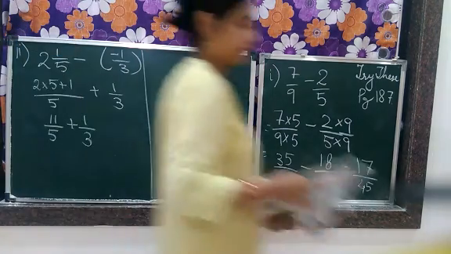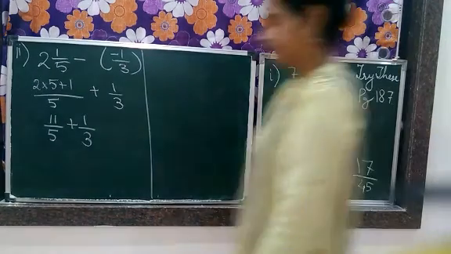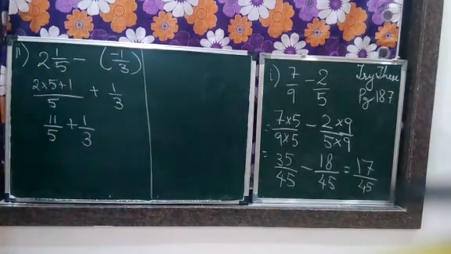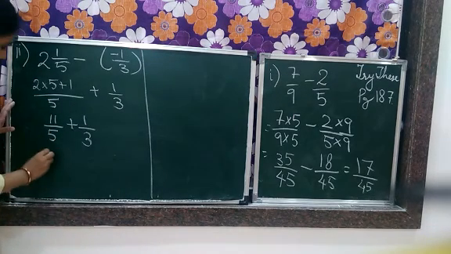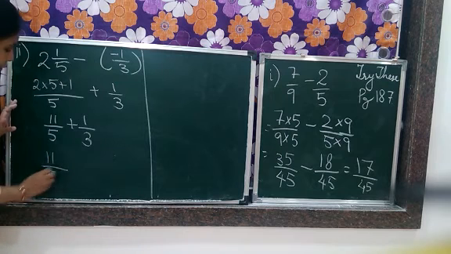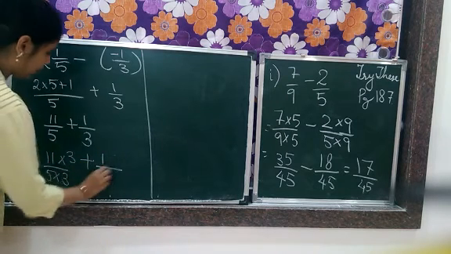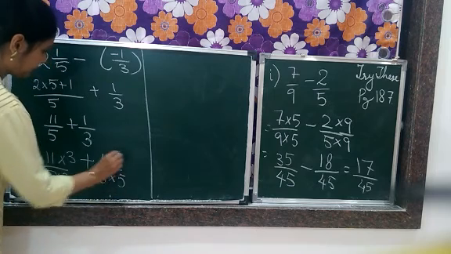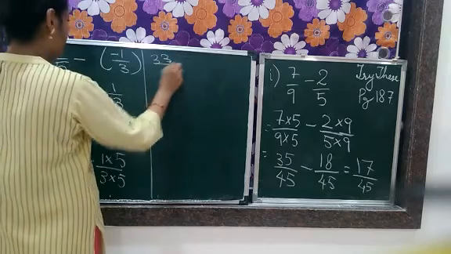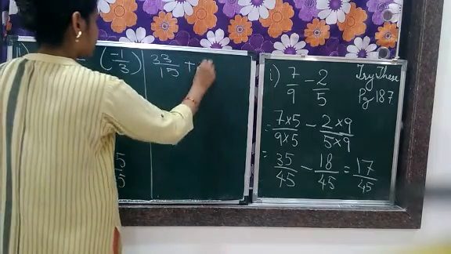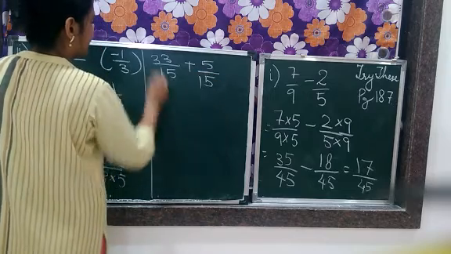Now children, here we'll interchange and multiply. That means 5 multiplies this side, 3 multiplies this side. So why are we doing it? To make the denominators same. 11 3s are 33 by 15 plus 5 by 15.